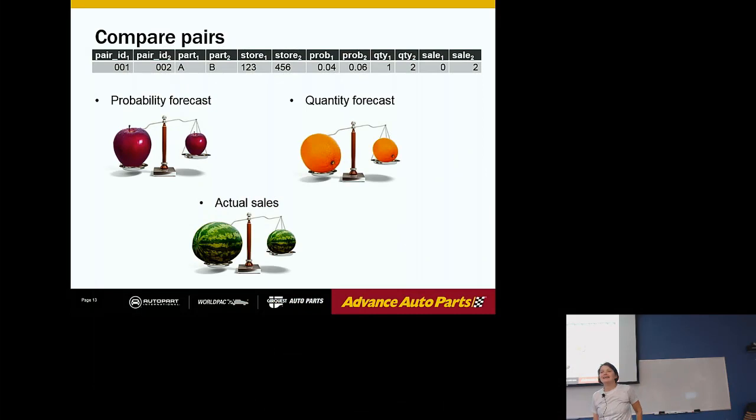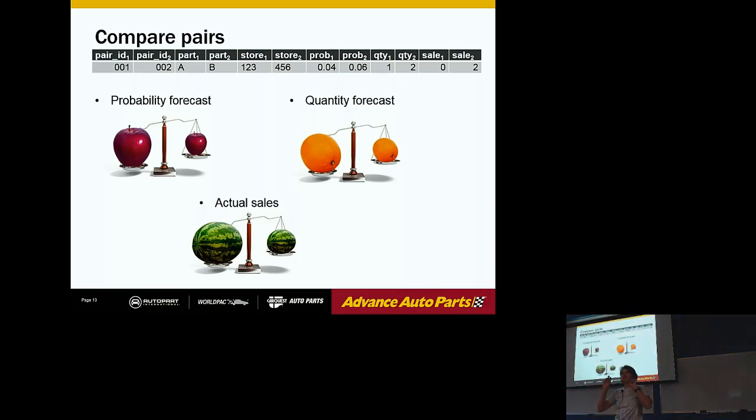I want to make sure I follow this. So are you basically saying that you use both of them to choose assortment? And once you chose assortment, you looked at which ones got assortment right most often? Nope. We just used them to create orders of part-store pairs. So each part-store pair was compared to another part-store pair, because for the probability forecast, for the quantity forecast, and for actual sales, you can rank them.